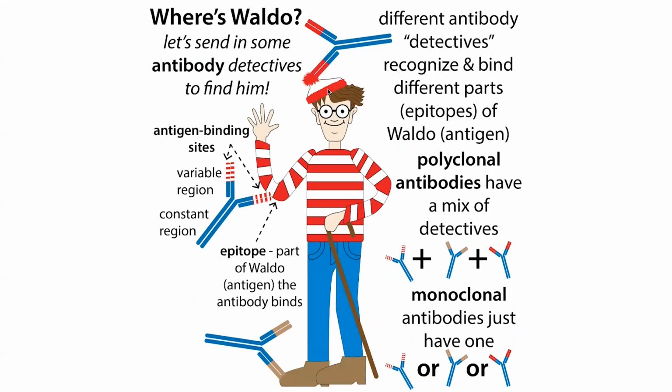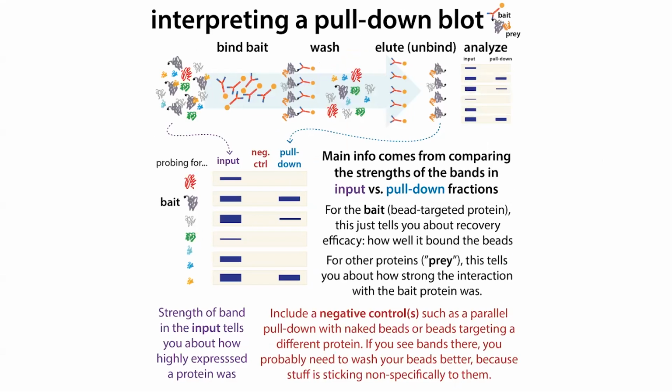Sometimes people use multiple different monoclonal antibodies, either as a mixture or separately, in order to detect interactions that might have been hidden by one of them. With the initial binding, your capture step, you're often using a polyclonal antibody. Later in the detection step, you might be using a monoclonal antibody, because you want to be really sure that you're detecting what you think you are.